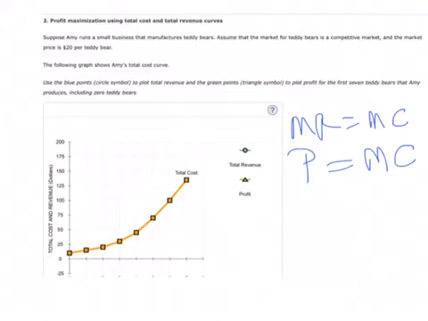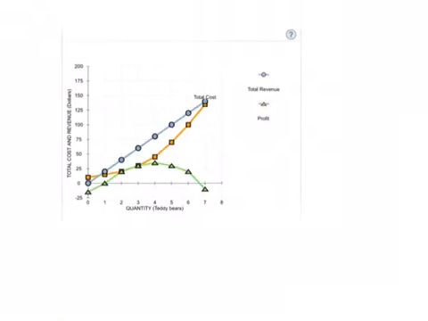So the first thing they want you to do for this question is plot total revenue and eventually profit. So total revenue is pretty easy, right? It's just price times quantity. The other thing they had us produce here was profit.